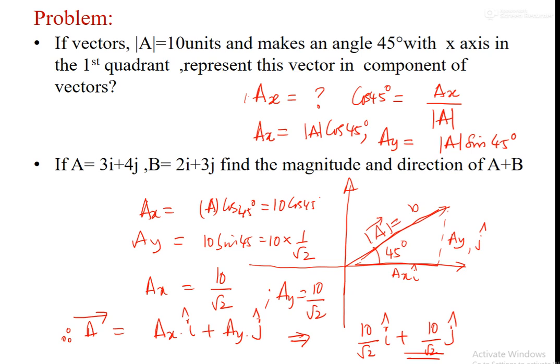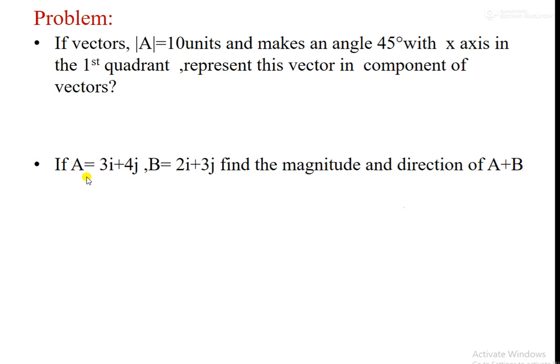Okay, so next we have the next problem. If A is equal to this much and B is equal to this much, we have to find the magnitude and direction of A plus B. So how will we find it? The magnitude of A plus B will be written as A plus B. This is the x direction i and A plus B in the y direction is j, right?